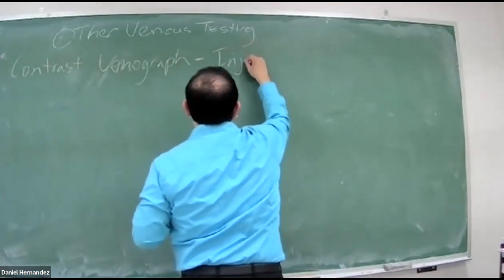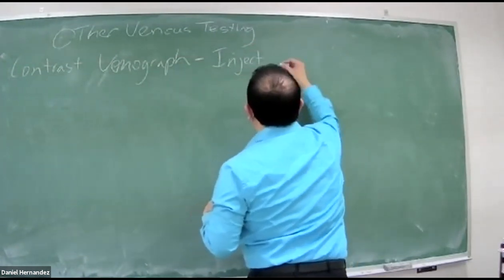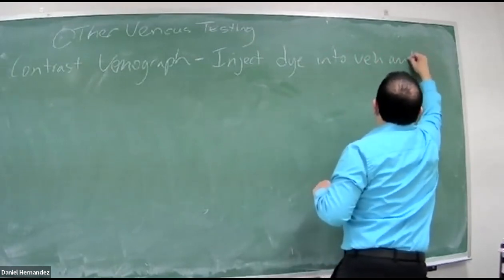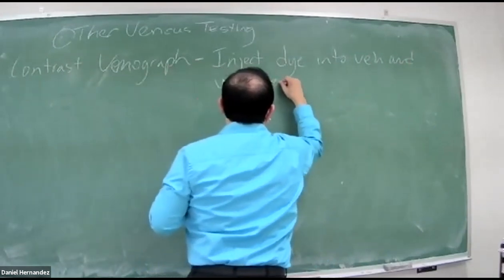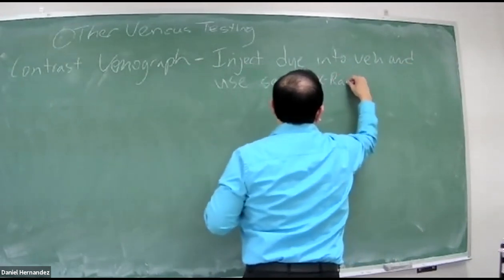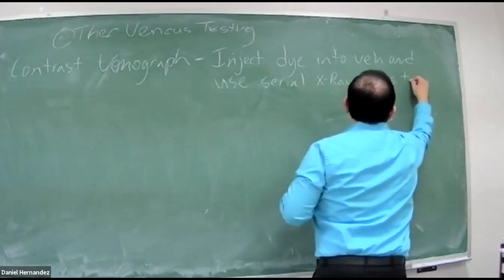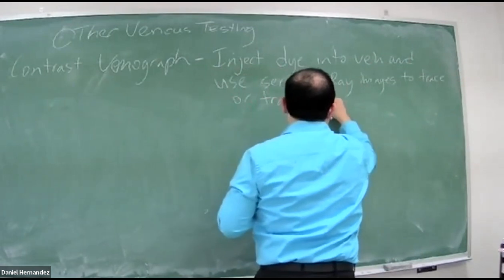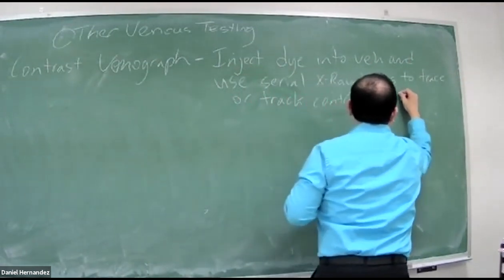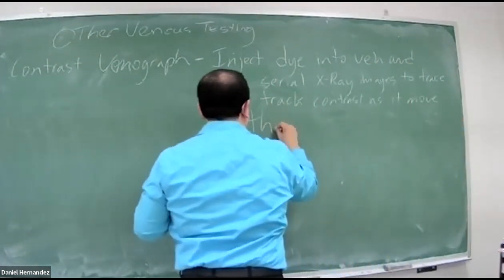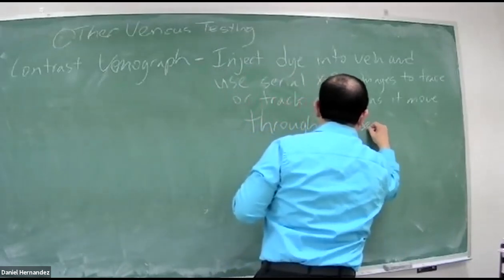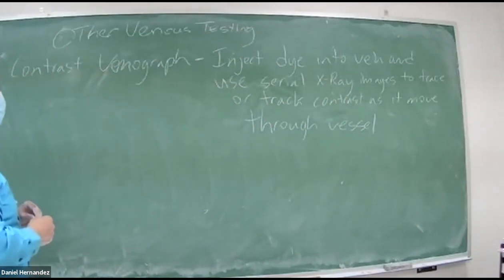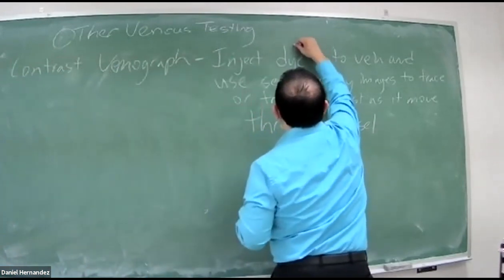So with this, we inject dye into a vein and use serial X-ray images to trace or track the contrast as it moves through the vessel. You can also put contrast.